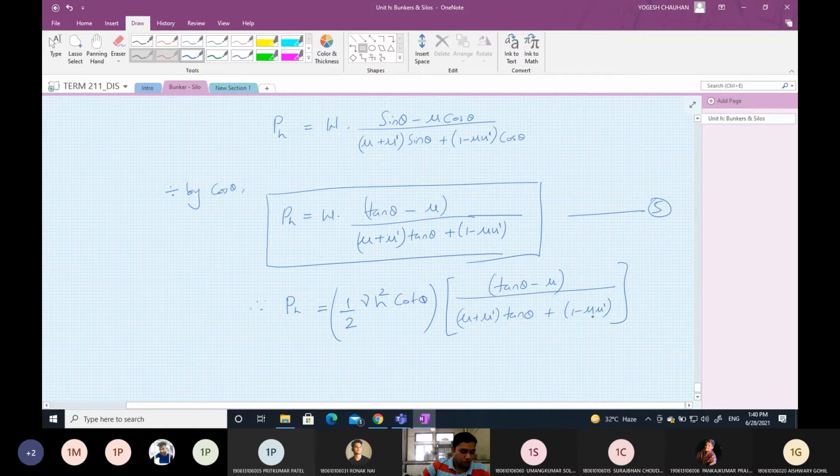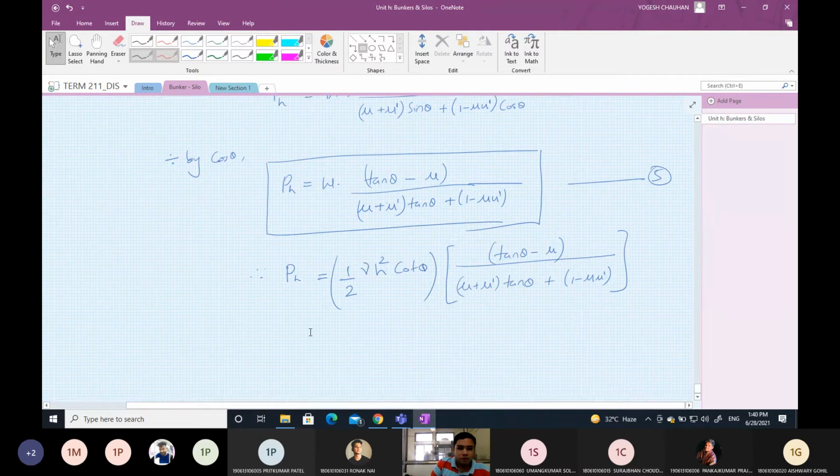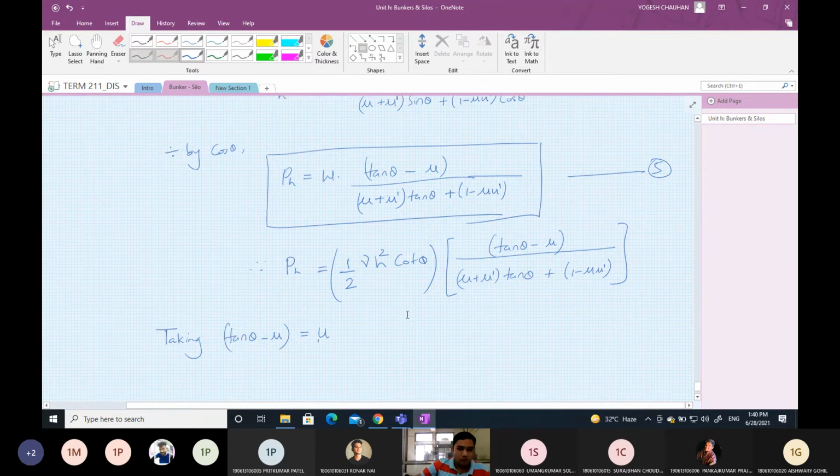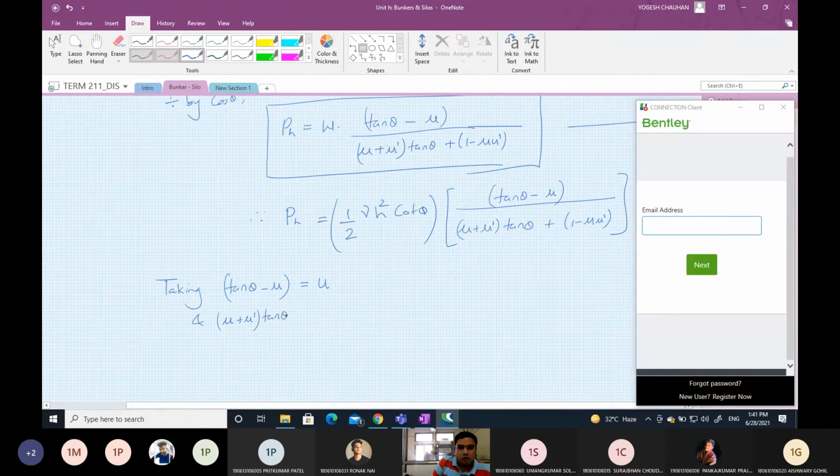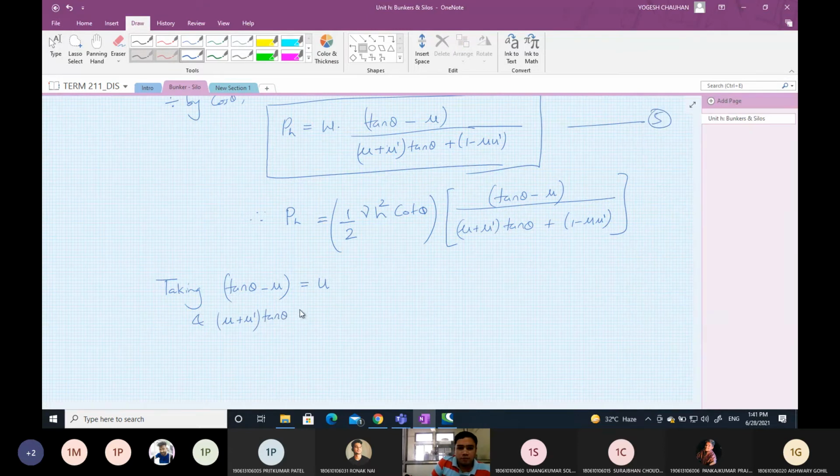Now you can take this term, taking tan theta minus mu equals to u, and mu plus mu dash tan theta plus 1 minus mu dash equals to v.